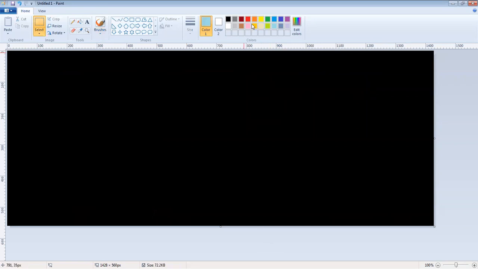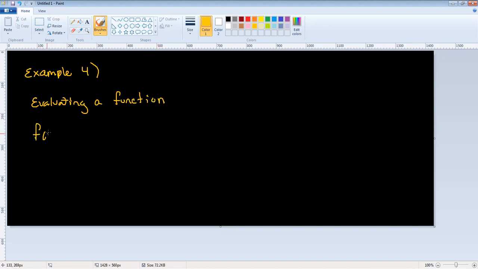Okay, let's see here. What if I have example 4, evaluating a function? So this is f of x, and this equals x squared plus 3x plus 5.